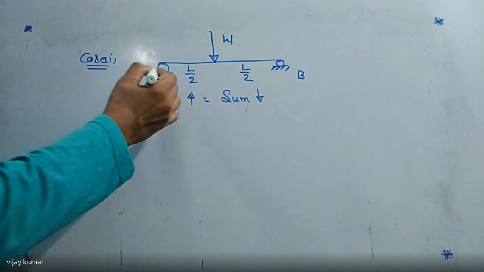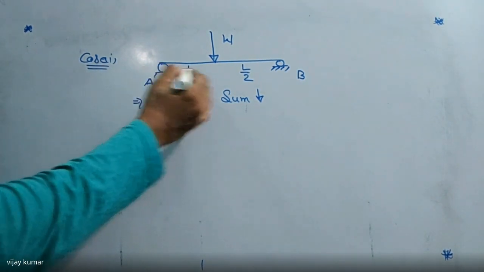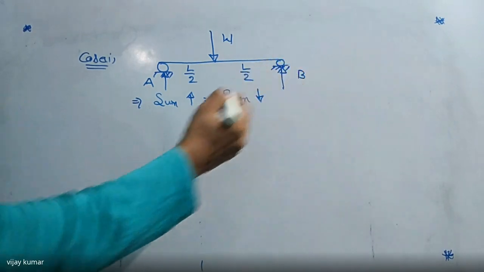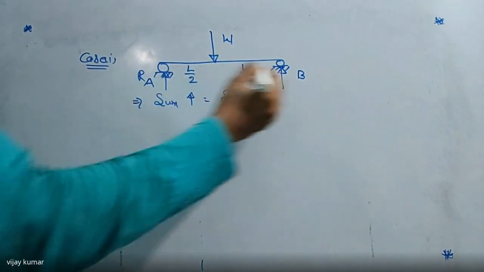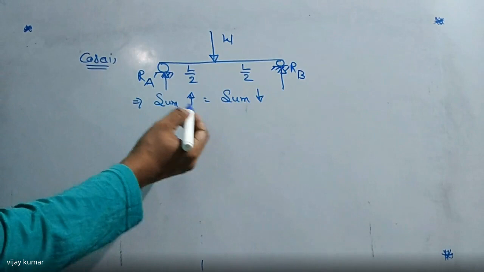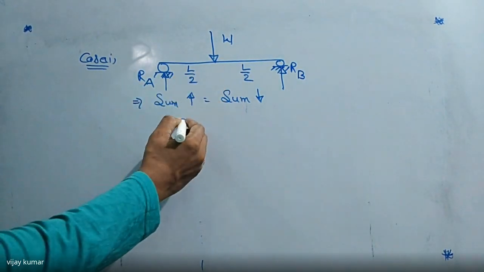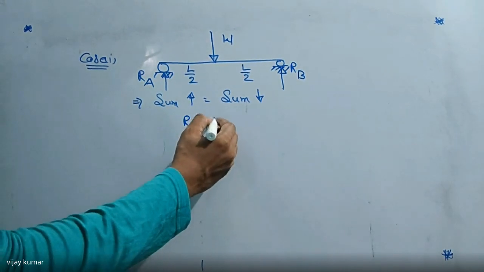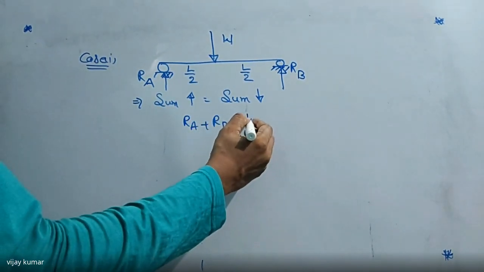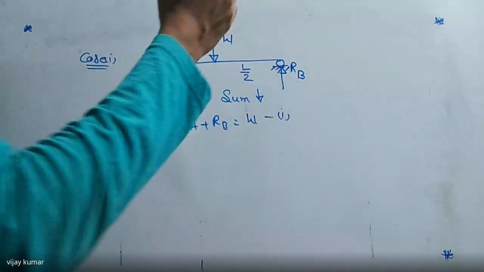Here it is a roller support, so it has one reaction, and this one also has one reaction. So it is RA and RB. Sum of the upward forces must equal the sum of the downward forces, so RA plus RB is equal to W. This is equation number one.